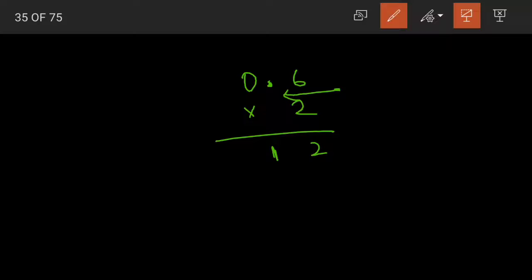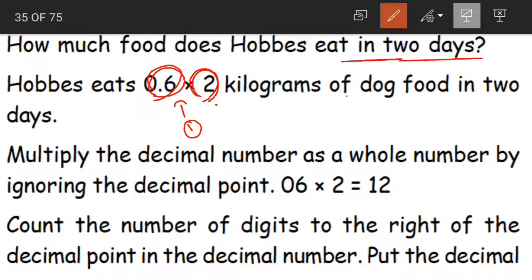Always remember to count the number of digits from right side for the point. So as we are having a point after one digit from the right, even in the answer, we have to place a point after one digit from the right. Understood, children? 0.6 into 2 is equal to 1.2.